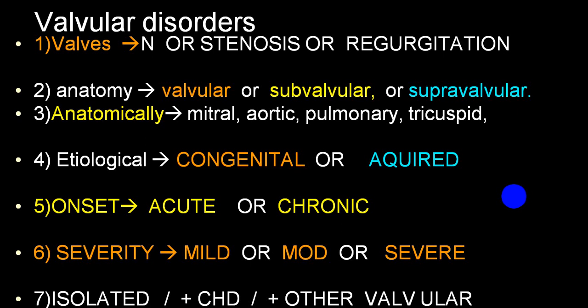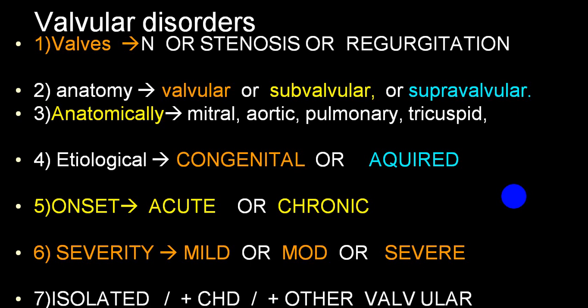Severity-wise, we classify into mild, moderate and severe, depending upon the pressure gradient, the area, etc. We also use one more term: it may be purely one valve involvement and one type of pathophysiology, we call isolated, or it can be associated with other congenital heart disease.